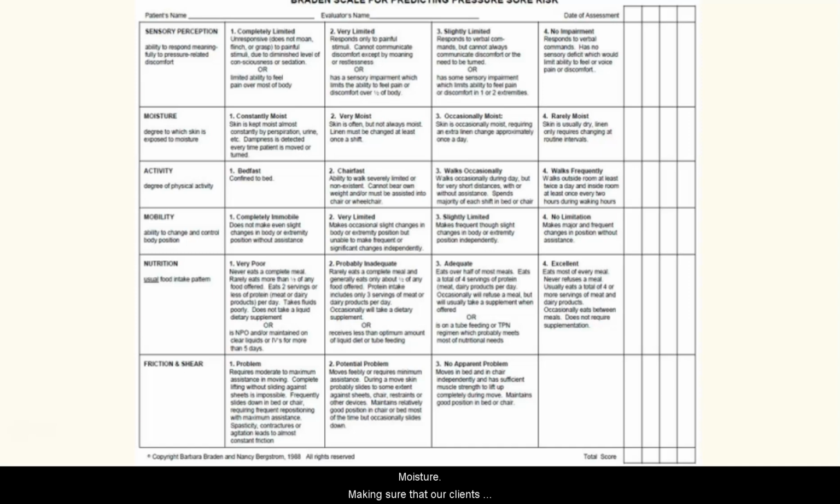Moisture, making sure that our clients are dry. Activity, making sure our clients get up. Mobility, making sure our clients get up and move. Nutrition, working with the dietitian and a nutrition team. And friction and shear, making sure that we're not dragging our clients up the bed, in the bed, dragging their bottoms across the bed, in the chair, dragging them across a slide/bump board. So we have lots and lots of roles in the prevention of skin compromise.